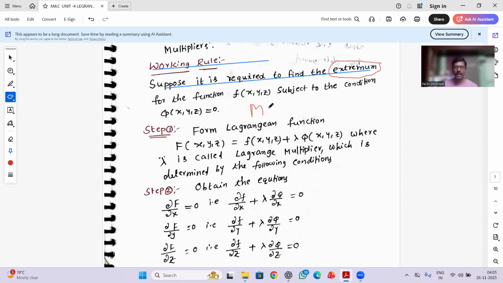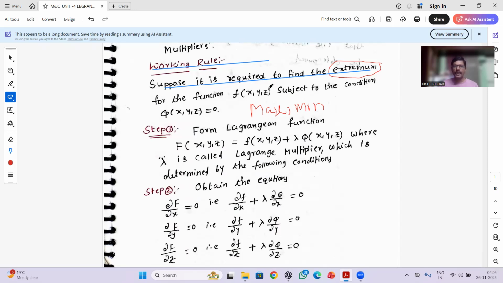If a function has maximum or minimum at a particular point, that value is said to be the extremum value. That means highest value or lowest value. So these two values are called extremum values.